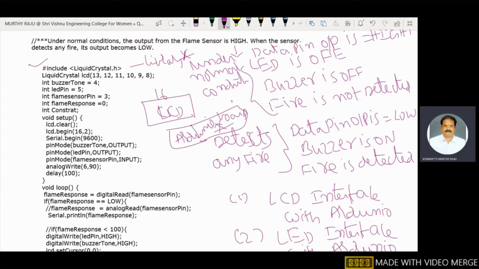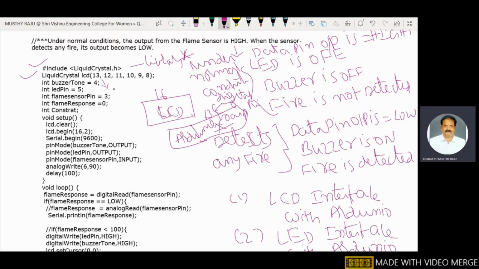The Arduino board has 0 to 13 digital pins. Here in the second statement, by using LiquidCrystal lcd 13, 12, 11, 10, 9, 8, these are the digital pins of the Arduino.